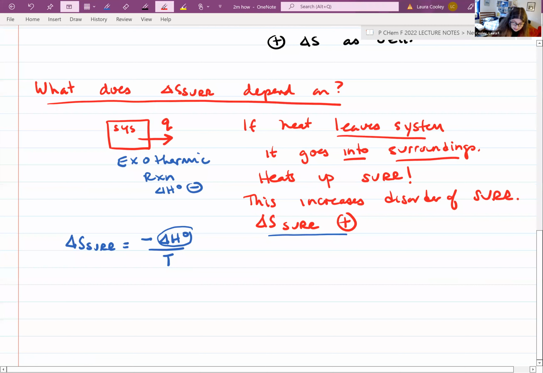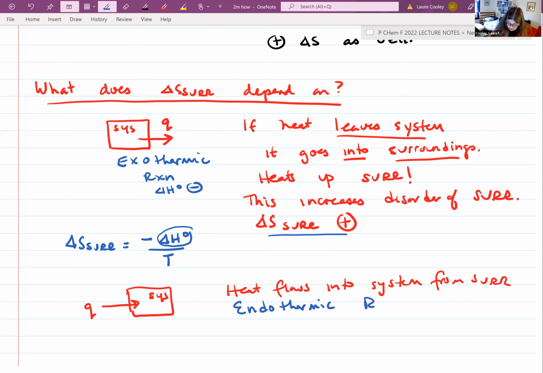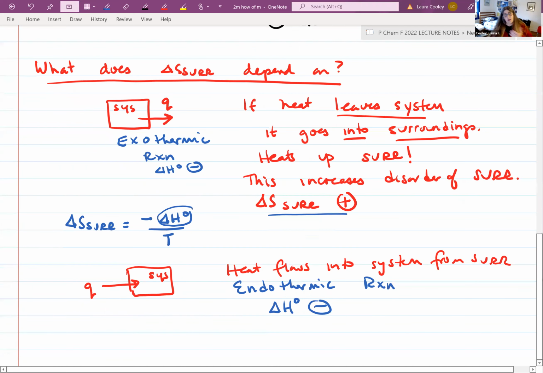On the other hand, if you have the situation where the heat flows into the system from the surroundings, so I'm talking about an endothermic reaction, then that's taking heat away from the surroundings.